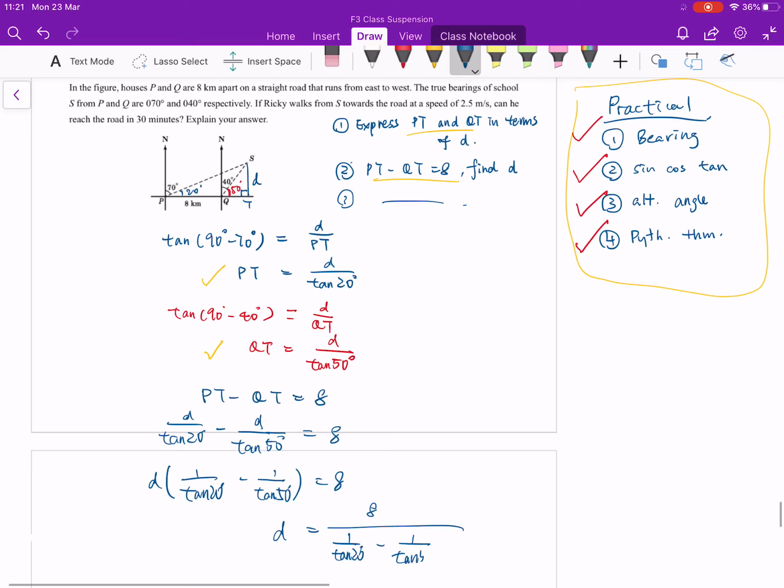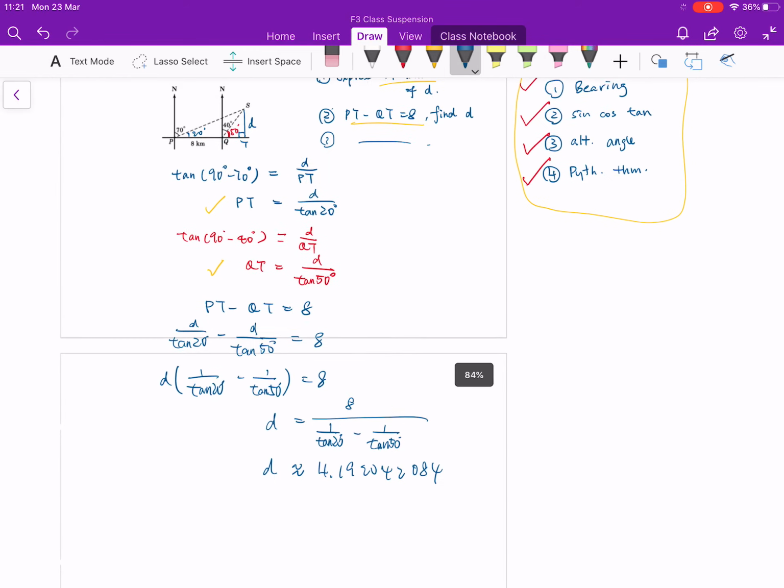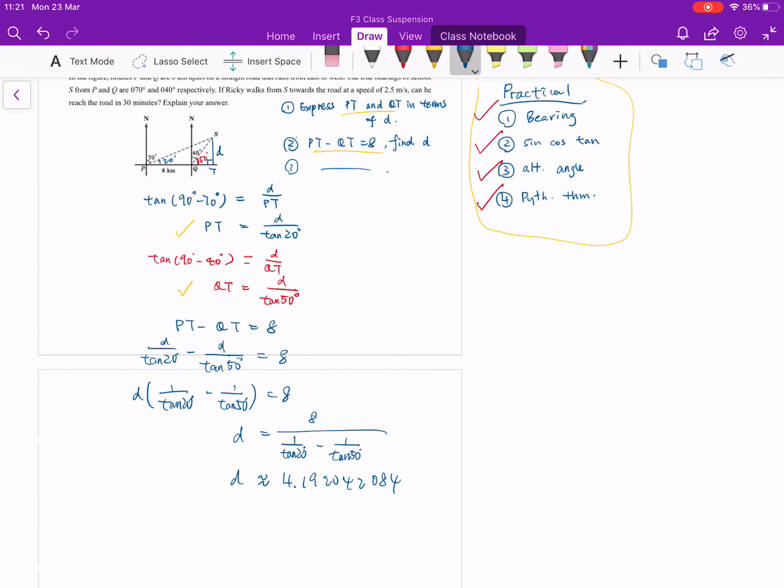And now you can input this one into your calculator directly and try to find out the answer. It should be 4. But you know that this is not your final answer, because finally you need to compare the time required with 14 minutes. So keep it as accurate as you can.